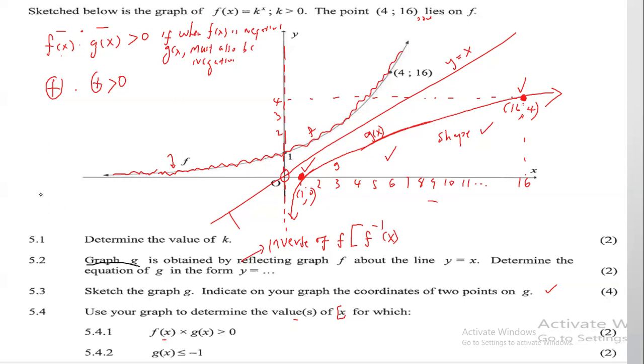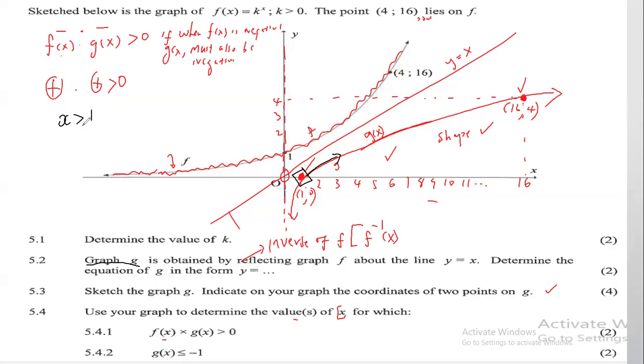So now we see that from this point here, going there, g is always above the x-axis. So when x is greater than 1, g is always above the x-axis, meaning that if we were to multiply f and g at any value of x above 1, we will get an answer which is greater than 0.